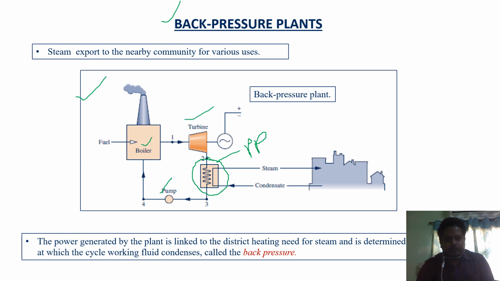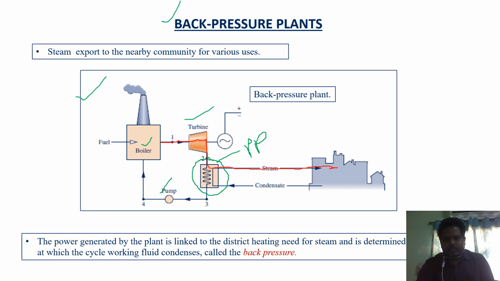As we know, steam from the boiler will enter the turbine in the process 1 to 2. After expanding through the turbine, the expanded steam will enter the process plant for various uses, as we discussed, like heating the water, or in industries wherever the energy is required.